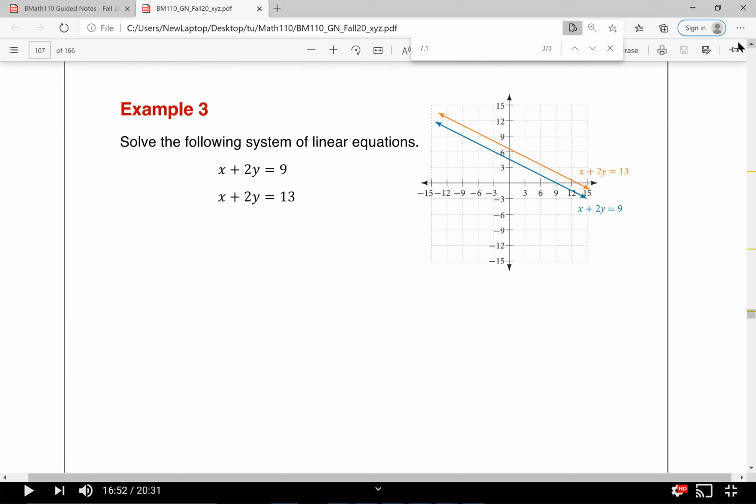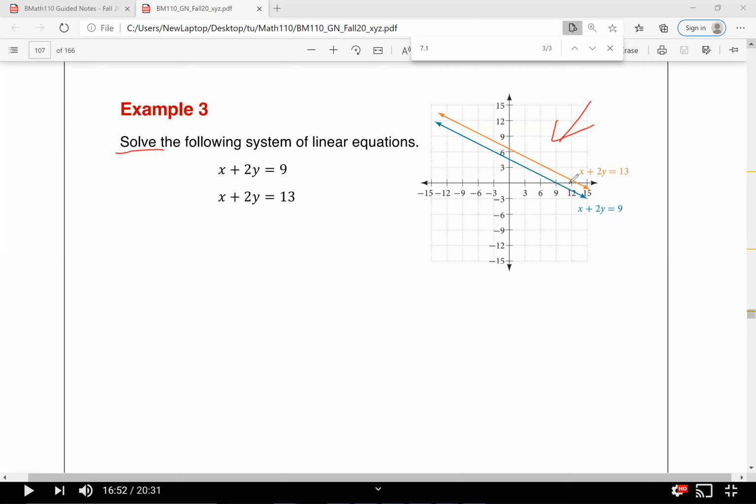This is number 3, and the problem is also asking us to solve the following system of linear equations. According to the graph here, you can see that the two equations, the two lines here, look like they are parallel to each other.